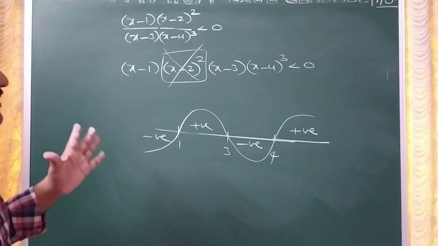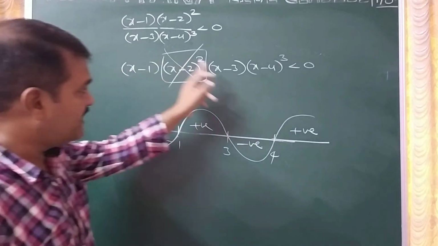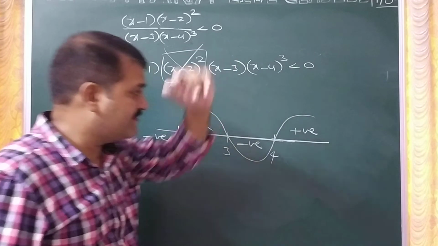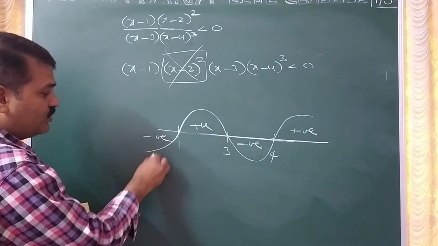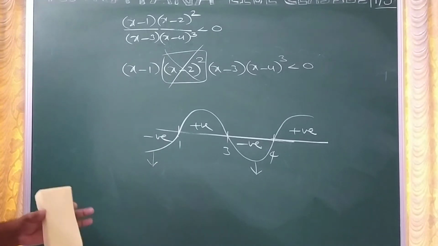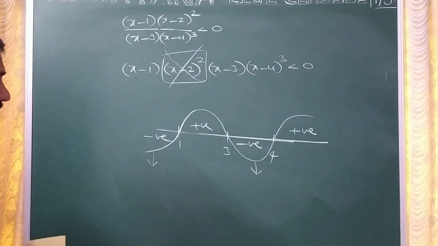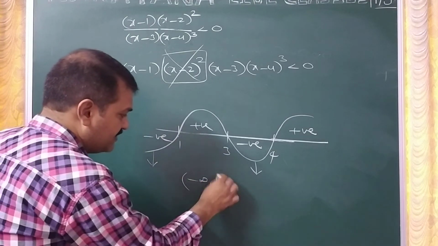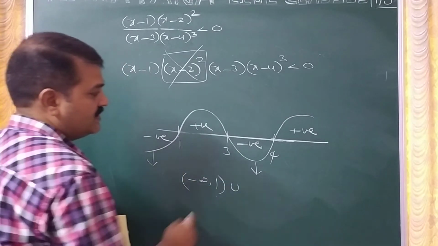What is the solution? This total expression must be negative. Therefore, pick up the portions which are marked negative. So less than 1, minus infinity to 1, union 3 to 4.